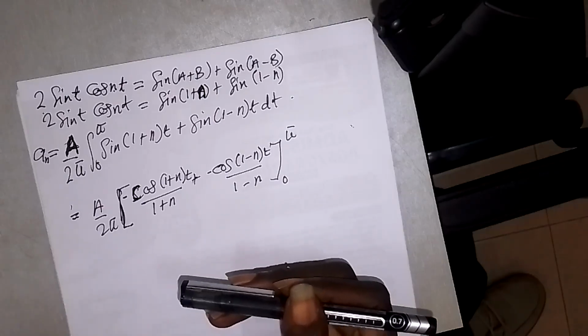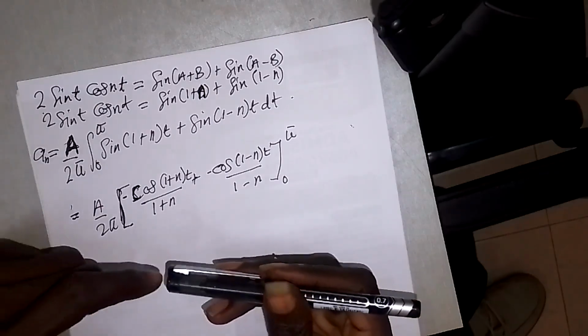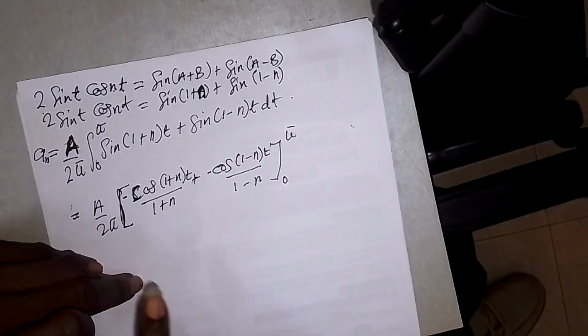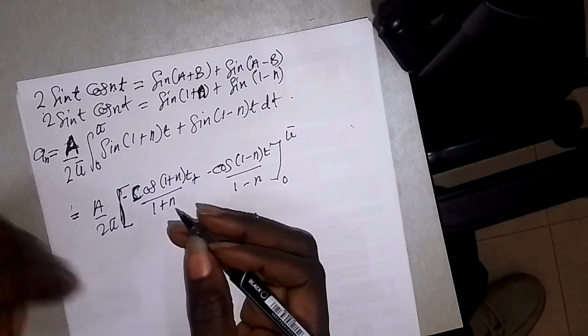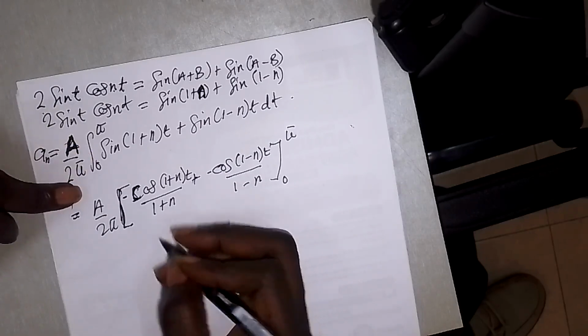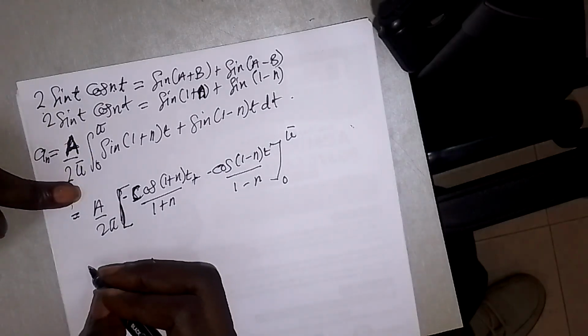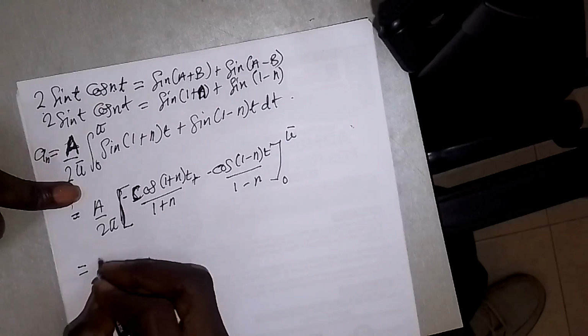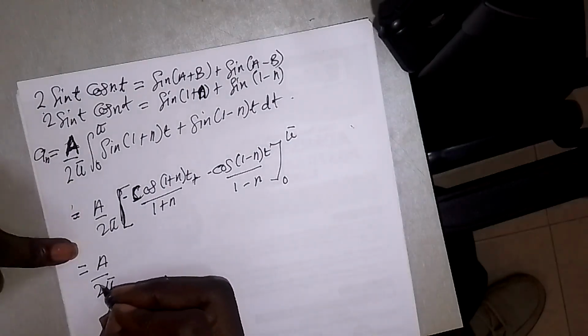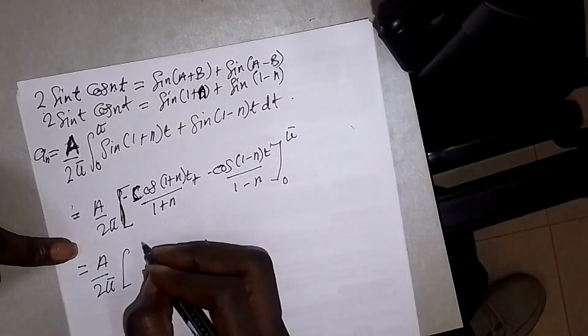Now I can input my limits inside. So a over 2π into the upper limit first.